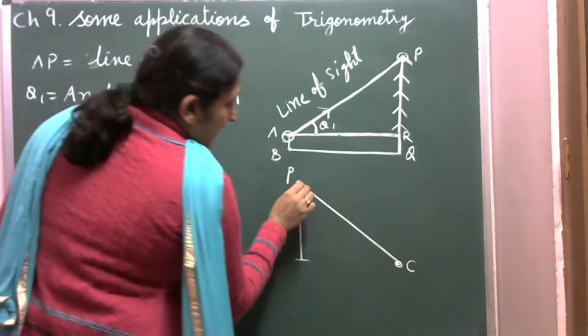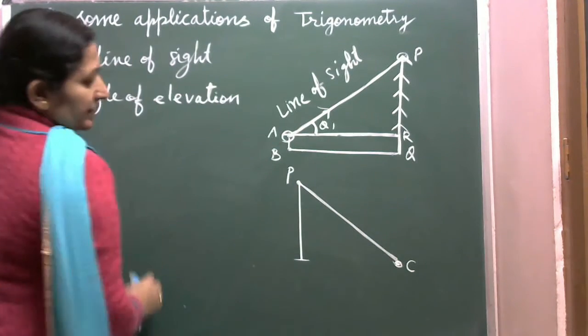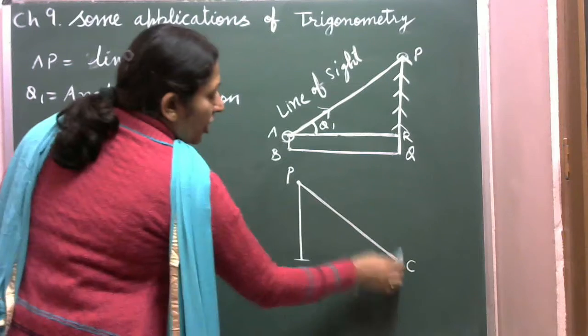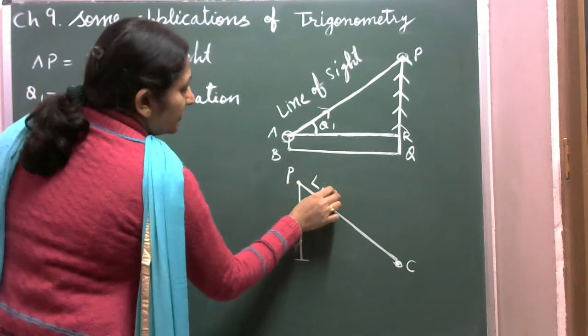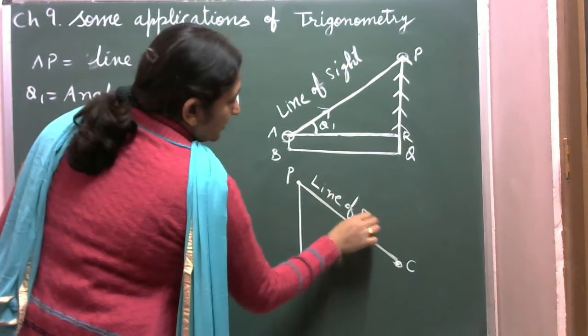Now the line between P and C, line between the observer and the object, this is the line of sight.